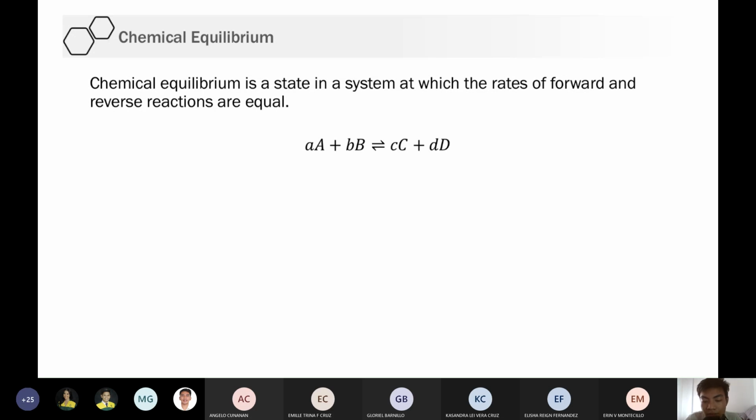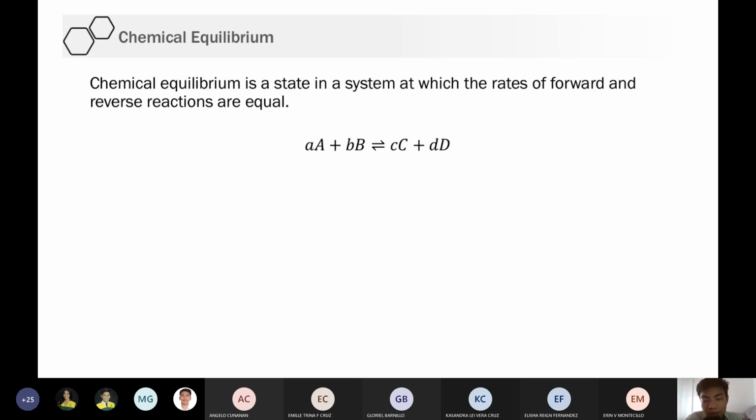This is the definition of the chemical equilibrium: a state in a system at which the rates of forward and reverse reactions are equal. That means, yung reactant na pupunta sa product and yung product bumabalik sa reactant, all happening at the same rate. So ibig sabihin balanced yung rate ng reactions natin in two directions.